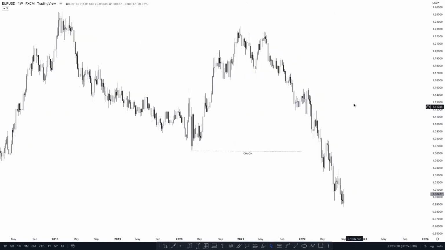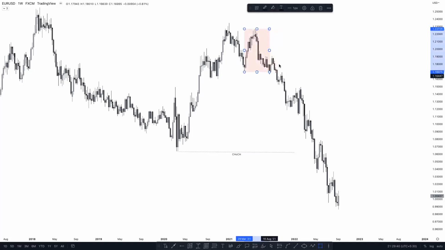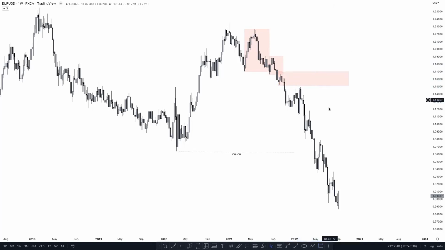And what happened here? If you mark the correct order flow from the top of this structure, then you can understand what is possible in Euro USD. This order flow is mitigated. This one is also mitigated. And this one looks like an unmitigated order flow, which one is here, correct. And the next one is here. Okay.